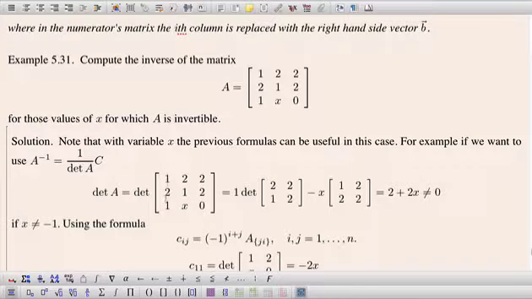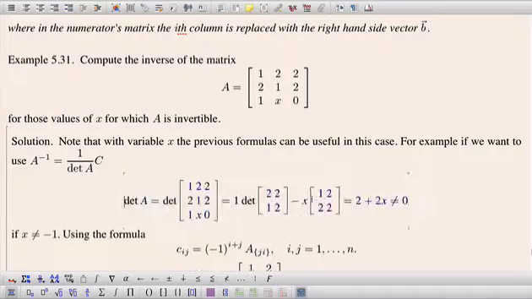So then you have plus minus plus 1, and if you cancel the first column and the last row, you get 2, 2, 1, 2, minus x, alternating sign. So if this was plus, then it is minus x times, if you cancel the column and the row of x, you get 1, 2, 2, 2 for the determinant.